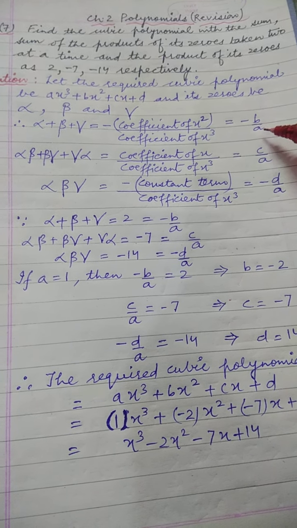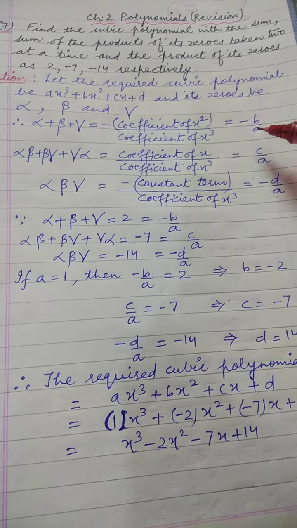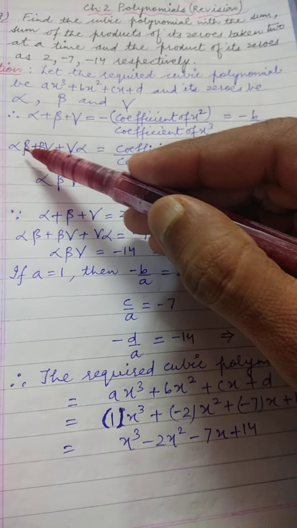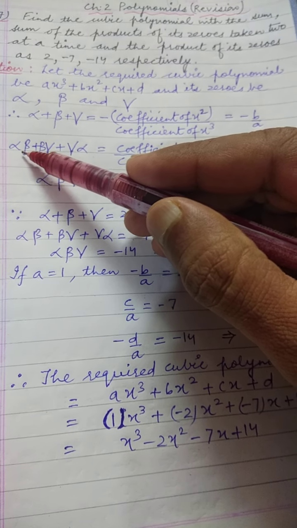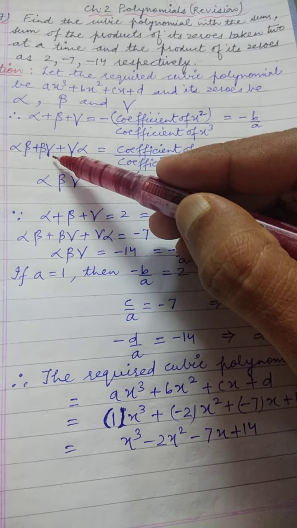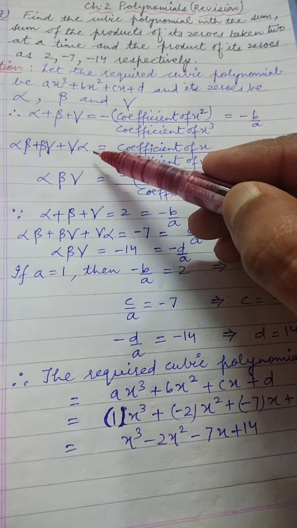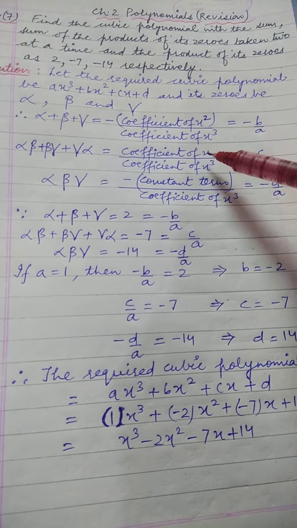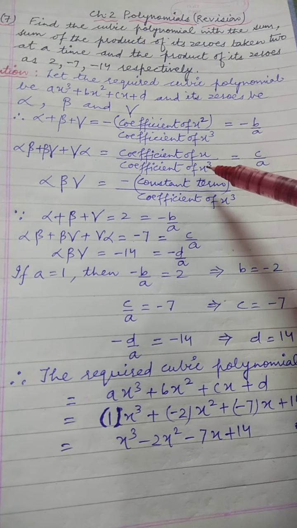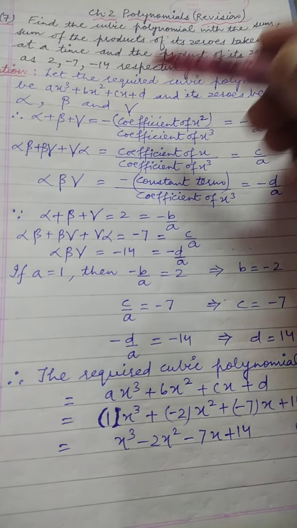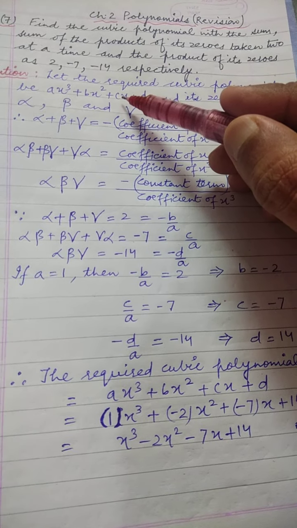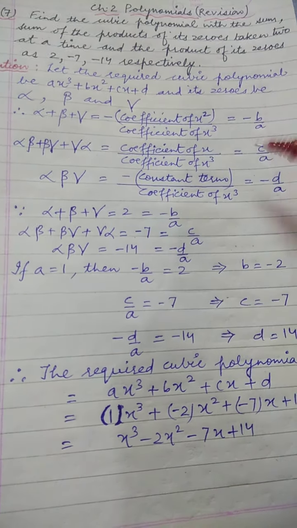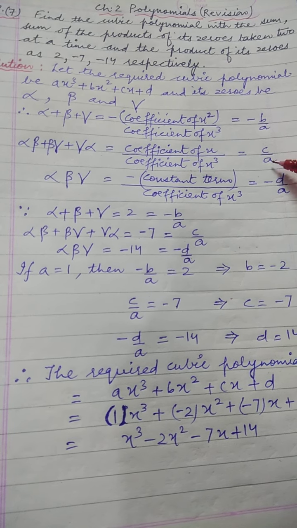Okay, now come to the sum of the product of the zeros taken two at a time, which means alpha beta plus beta gamma plus gamma alpha. It will be equal to coefficient of x upon coefficient of x cube. In this, coefficient of x is c and coefficient of x cube is a, so we get c upon a.